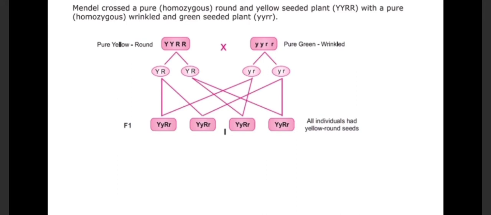This is also a very important point, that for a single characteristic only a single allele will be received by a gamete. Then we do the crossing or fusion, and after the fusion we get the members of the F1 generation. In the F1 generation, all the individuals had yellow and round seeds.